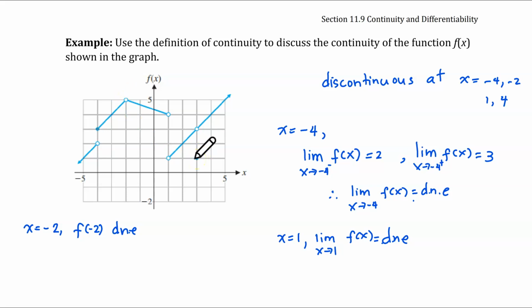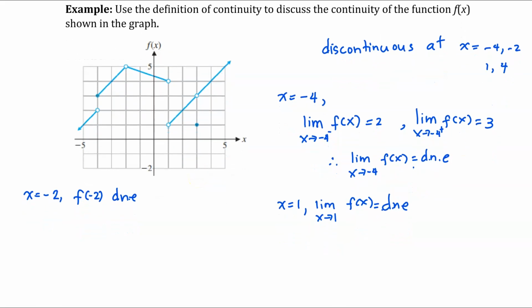And lastly, for the case when x is equal to 4, in here we see that the limit of the function exists. So if you get the limit of the function as x approaches 4, it exists because coming from the left side of 4, the function values approach this point here, which is 3. And also from the right side of 4, the function values are approaching the same point, y equals 3.